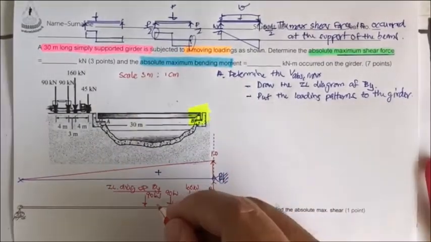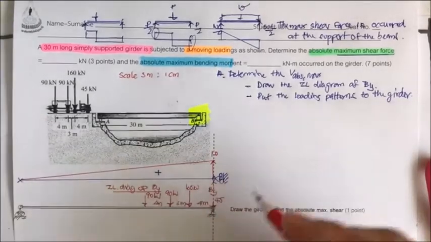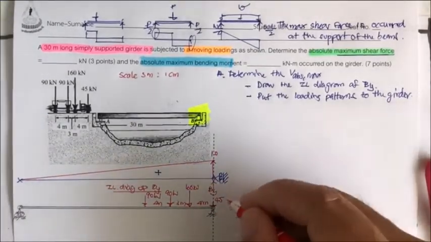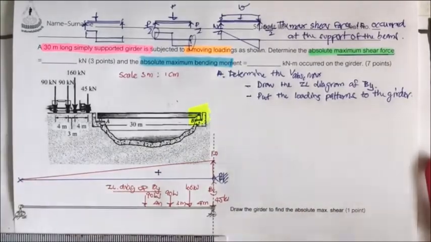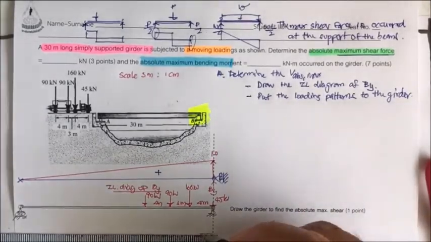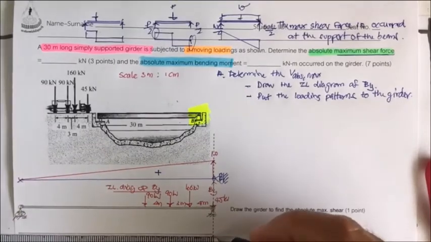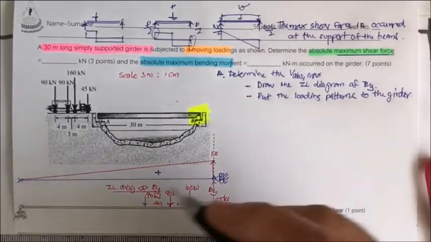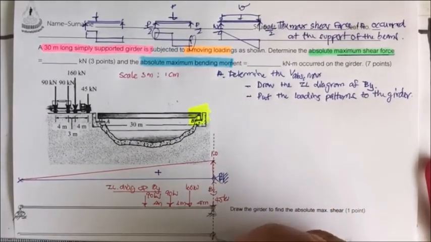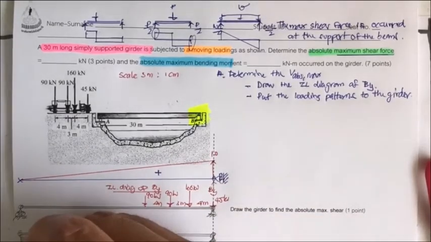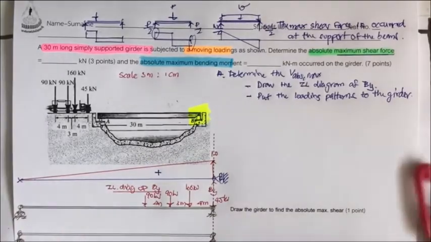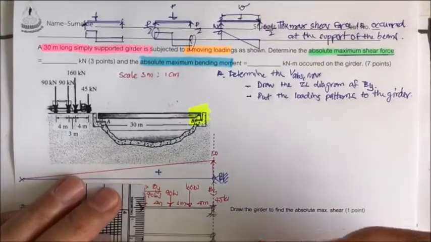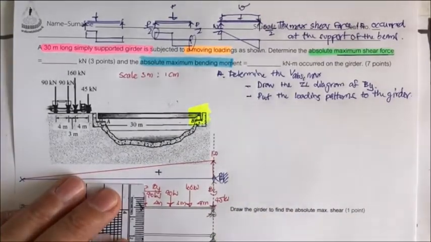And in the opposite direction, this time the 45 kilonewton will be moved in this direction. Let me put this one to the beam again. This time this is the pin, and this is still the roller, and the 45 kilonewton is going to be in this direction.